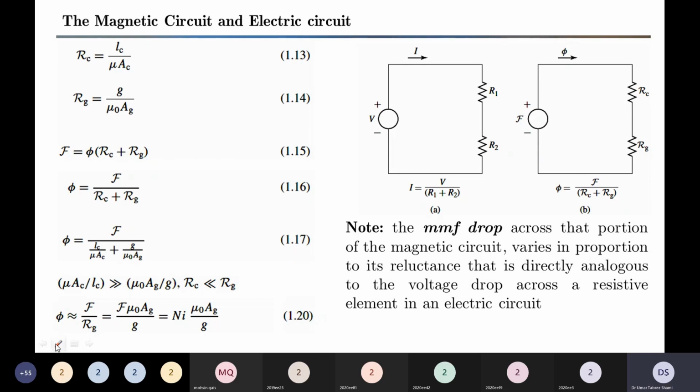Now the next component. It starts with the assumption, or rather the reality, not assumption, the reality that since mu, or permeability, of the core is much larger than the permeability of free space, therefore the reluctance of free space is much larger than the reluctance of the core.